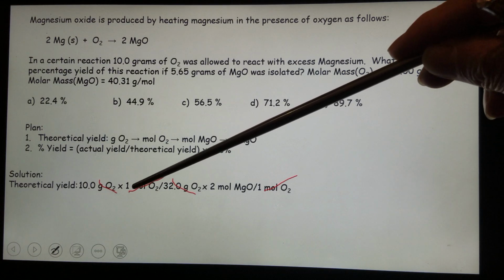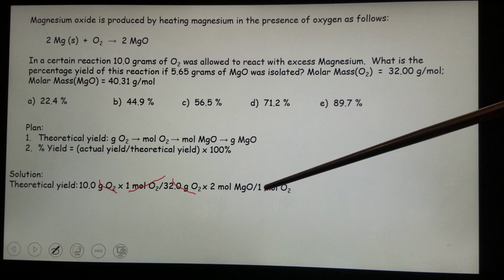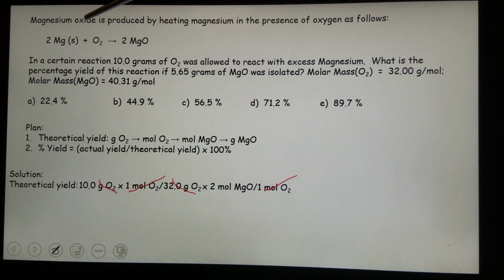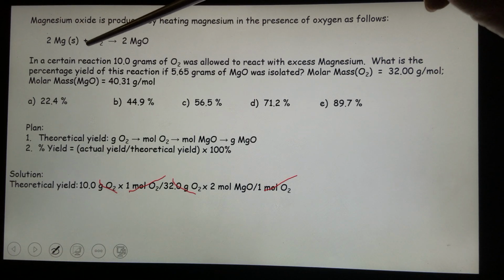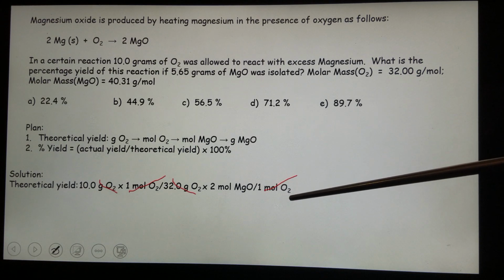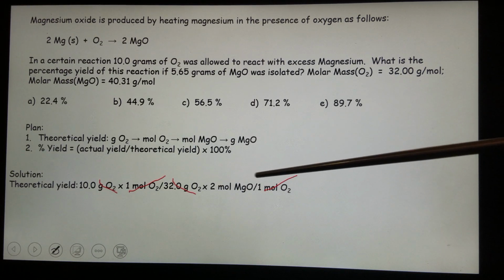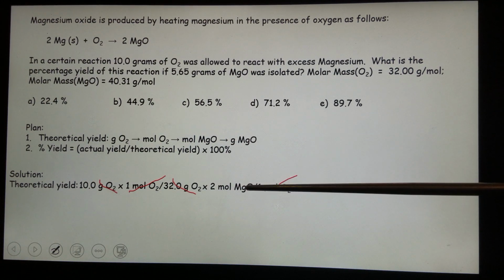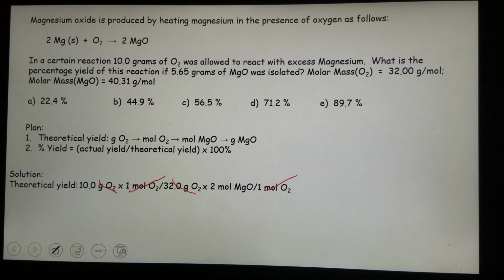So we can cancel the moles of oxygen, and the ratio is 2 magnesium oxide to 1 oxygen molecule. 2 moles of magnesium oxide to 1 mole of oxygen.